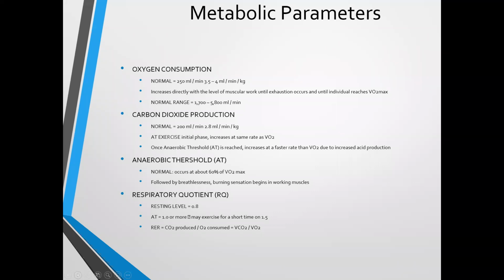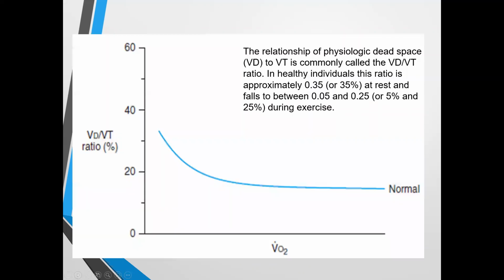I alluded to the respiratory quotient, a relationship between VO2 and VCO2. Normal for us is 0.8, and during the test it will alter that considerably. So that's another phenomenon that happens during this testing.